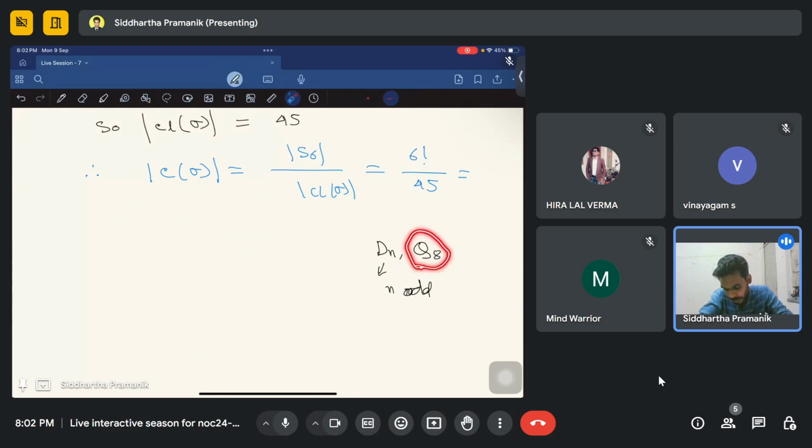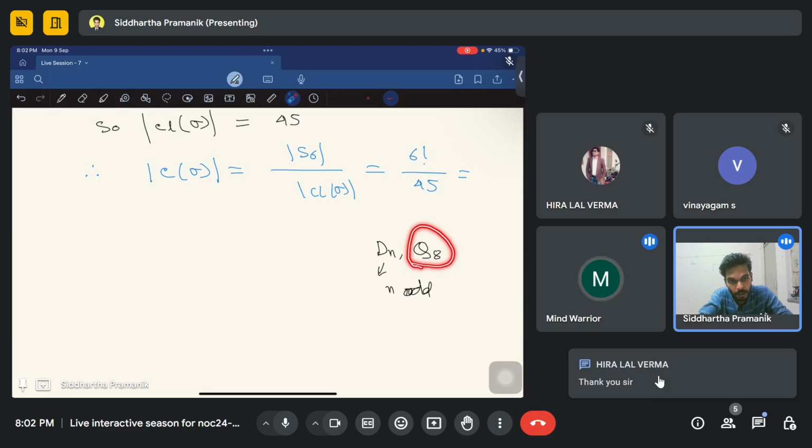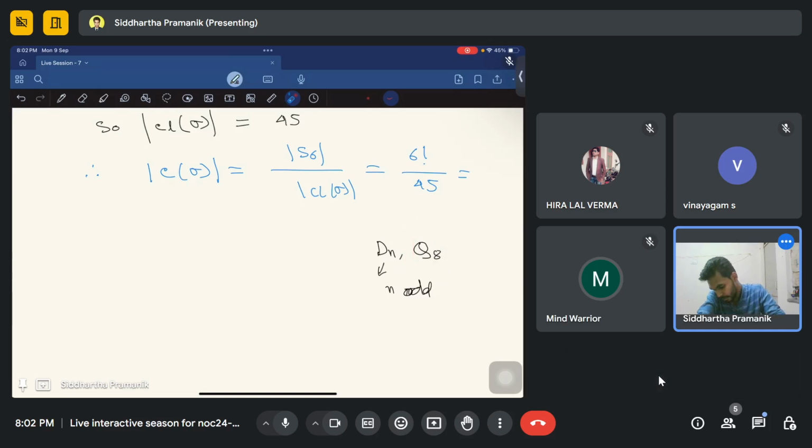So in the next session, if you are there, I will introduce the group Q8 and find its class equation. If I forget that, you can remind me. Any other question?